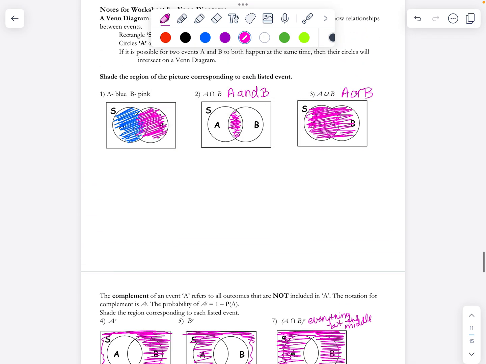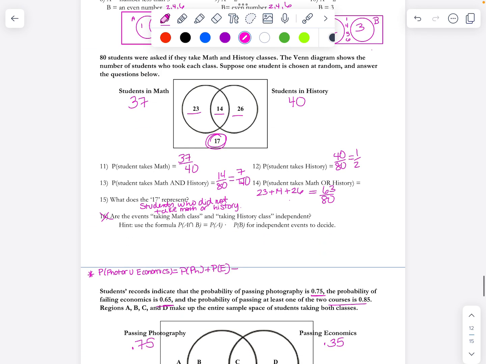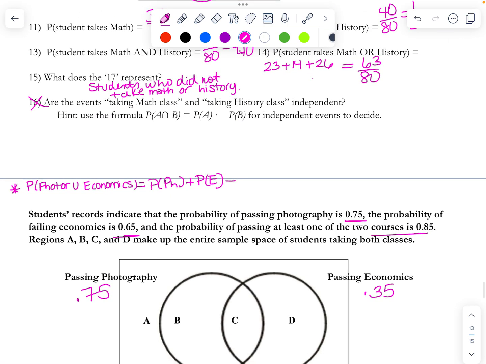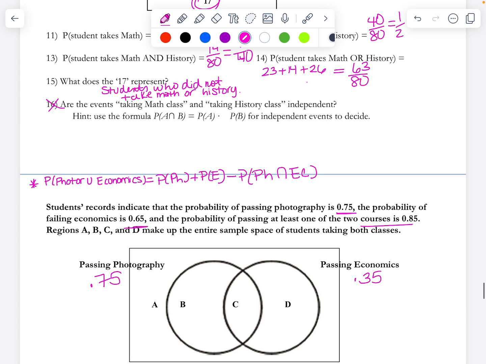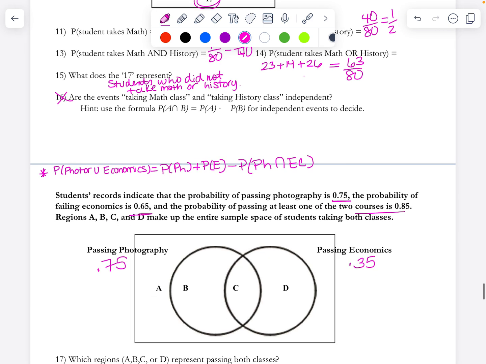Actually I should say the probability of photos or economics equals the probability of photos plus the probability of economics minus the probability of photos and economics. Okay, so this is like our conditional, what we've done with our conditional.